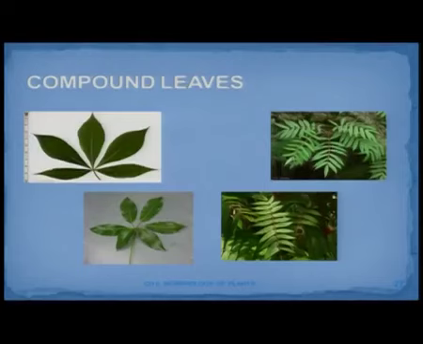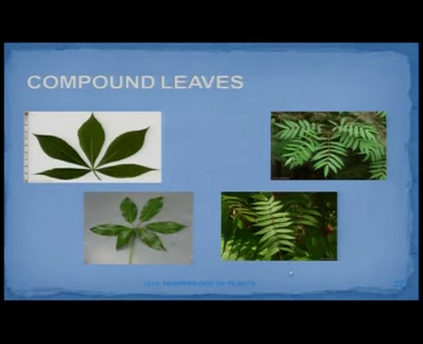Let us move ahead. So, we have studied that compound leaves are those in which the leaflets arise. But in this picture, you can see there are two types of compound leaves. One where the rachis or the midrib is visible, and the other where all the leaflets seem to be arising from one point at the petiole.